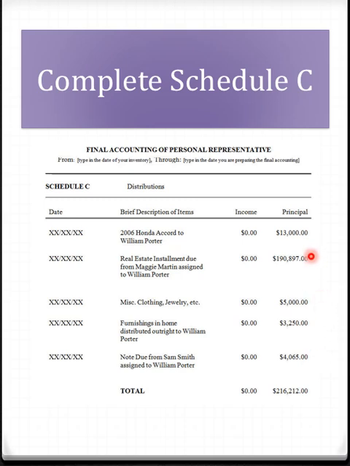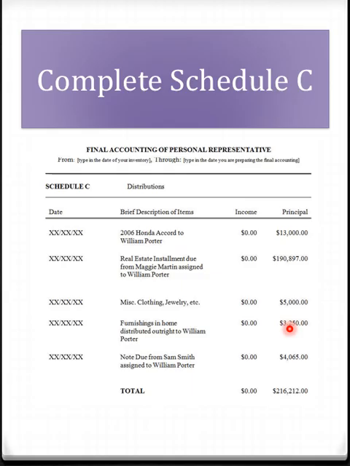All right. And therefore, once you have this information filled in, which, like I said, is identical to the distributions ledger and identical to the schedule, the distributions shown in the ledger are identical to the inventory.